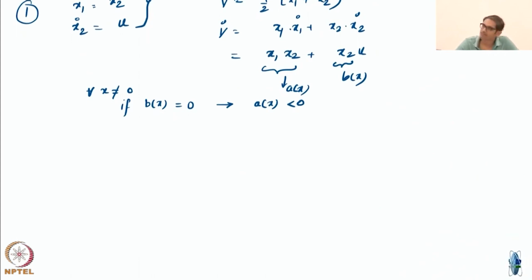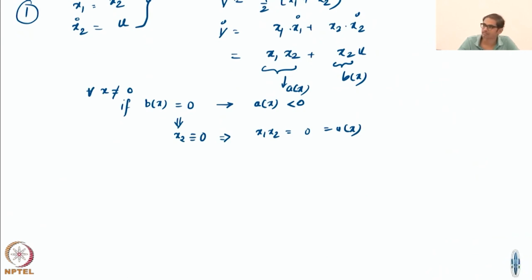Okay, let's investigate. This requires investigation. B of x equal to 0 implies what in our case? It implies x2 is 0. That's the only way that B of x is exactly 0. And this implies that x1 x2 is also 0, which is equal to A of x. And this is a problem, right?